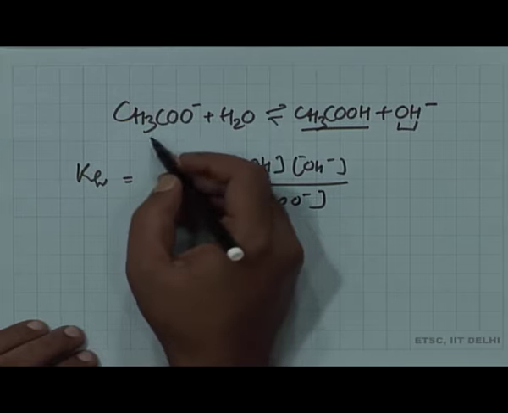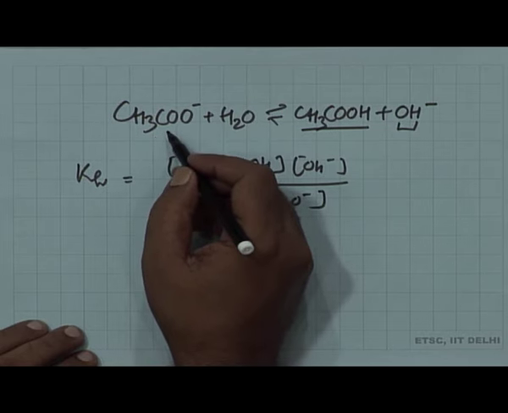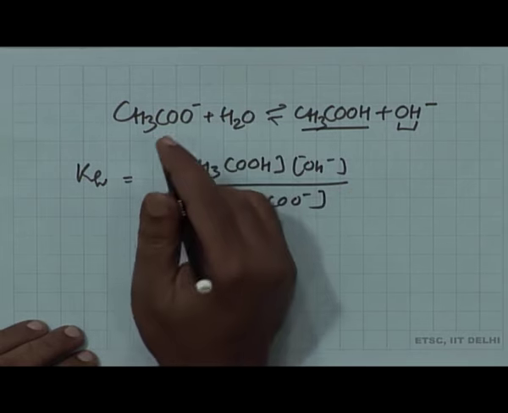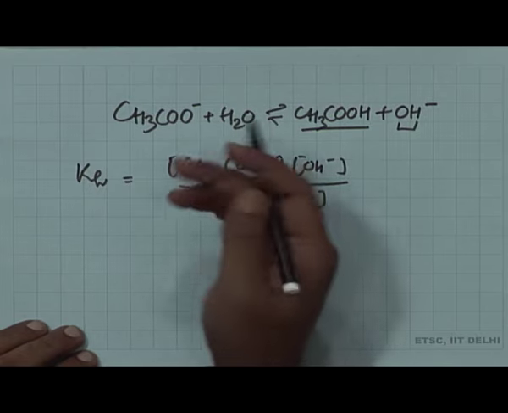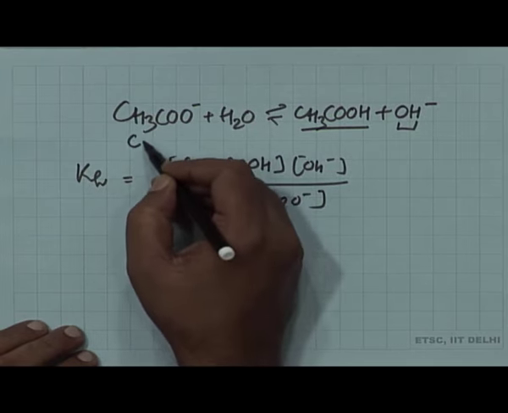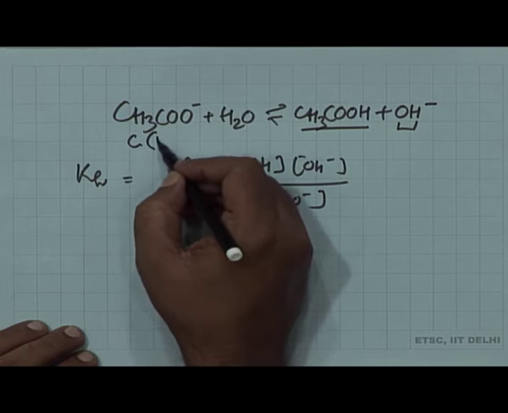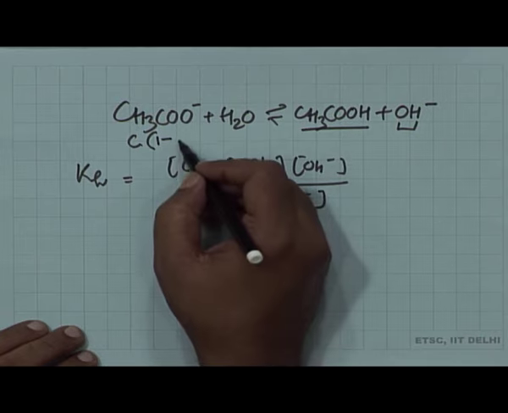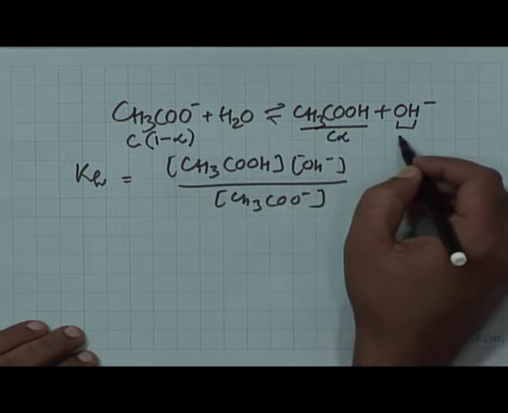Now, if I assume that C is the initial concentration of the soluble salt, and the extent of this reaction is alpha, we will get C alpha, C alpha.